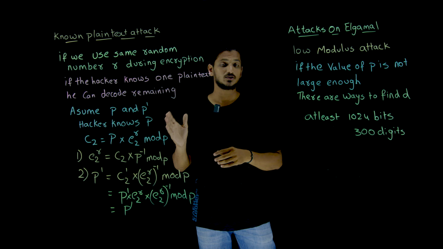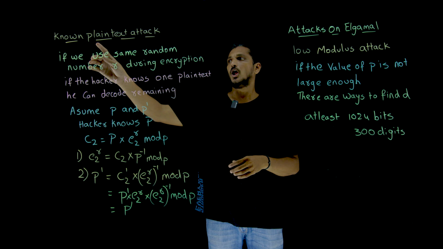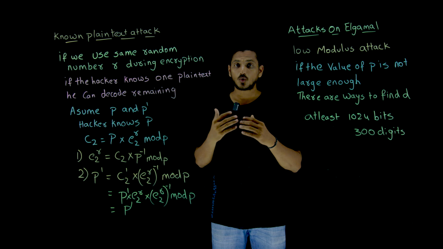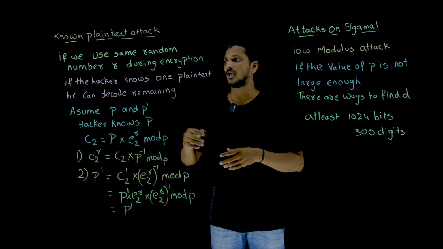One more attack which is possible for the Elgamal system is a known plain text attack. Let's try to understand.